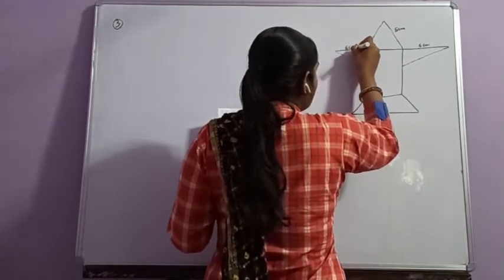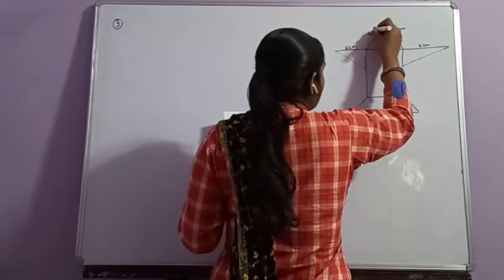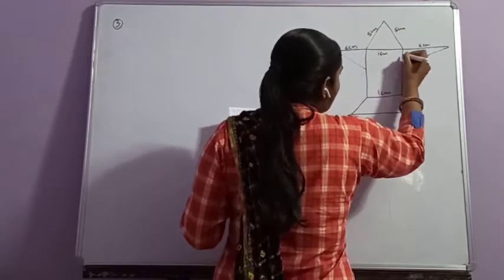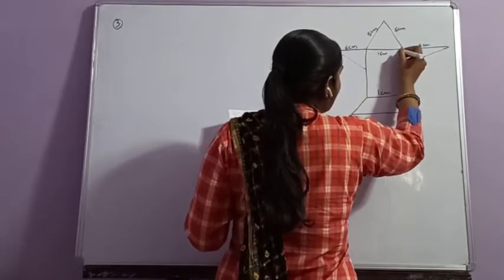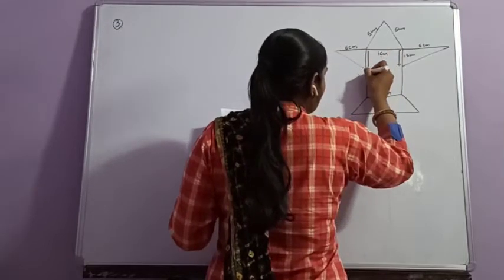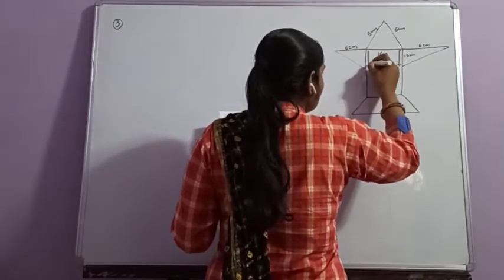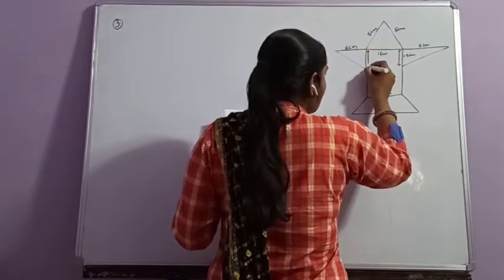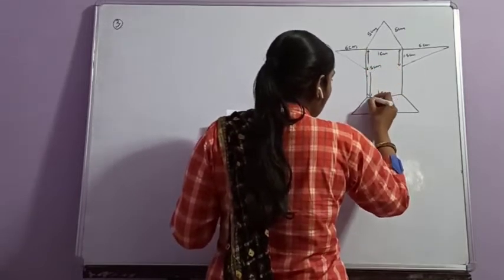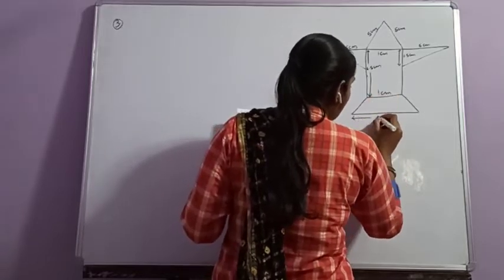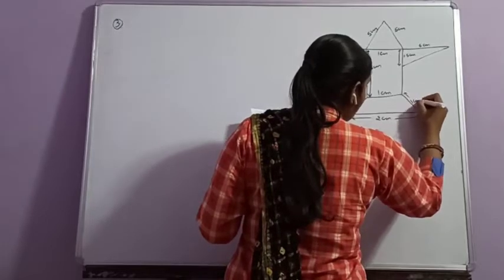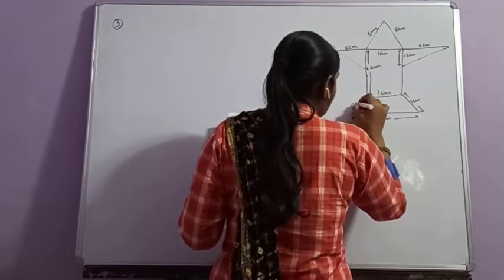Similarly, it will be 6 centimeter, 5 centimeter, it is 1 centimeter, 1 centimeter, that is 1.5 centimeter, 1.5 centimeter, that is 6.5 centimeter. That side is 2 centimeter and that is 1 centimeter, 1 centimeter.